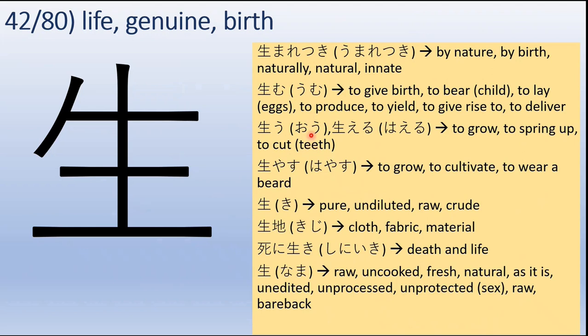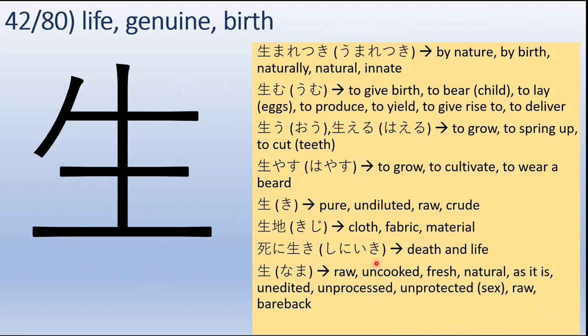Then we have ou, or we have haeru, which means to grow, to spring up, to cut teeth, and so on. Then we have hayasu, which means to grow, to cultivate, to wear a beard. Then we have ki, which means pure or undiluted, raw or crude. Then we have kiji, which means cloth, fabric, or material.